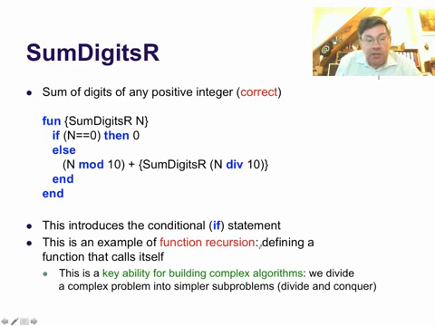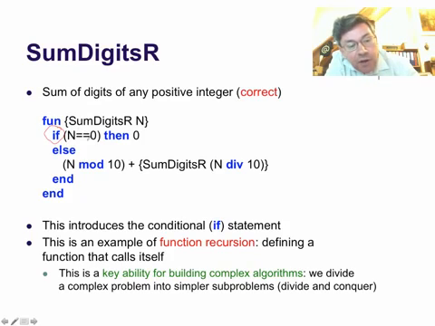This is the conditional or the if statement. Here, the if condition is a function that returns true or false, which is called a Boolean. So n equals 0 is a function that compares n to 0 and returns true or false. If it's true, it executes the expression after the then. If it's false, it executes the expression after the else. And like all compound instructions, it ends with the end keyword.